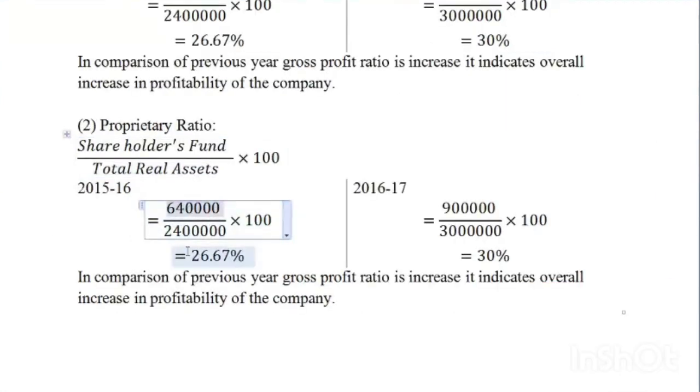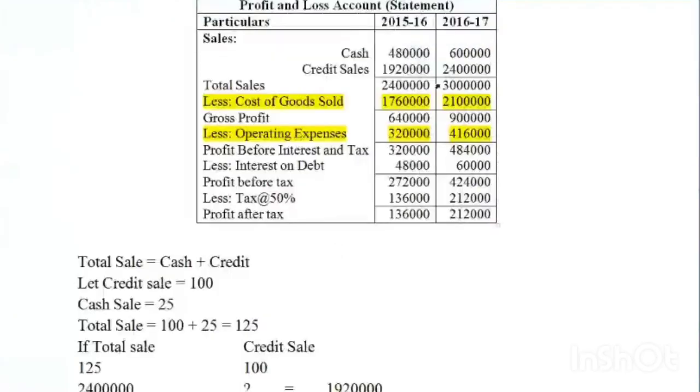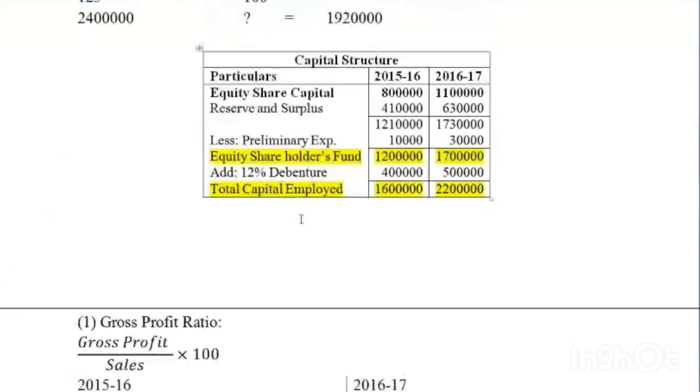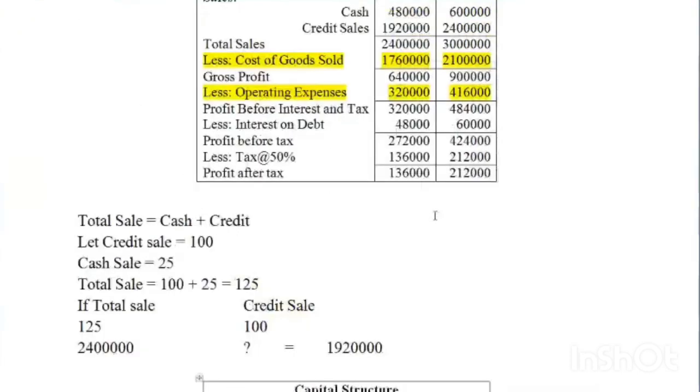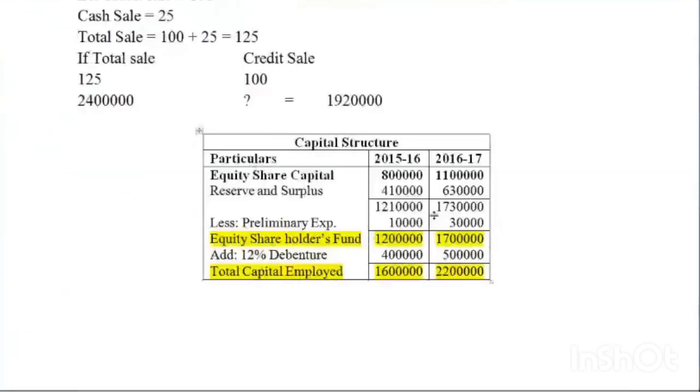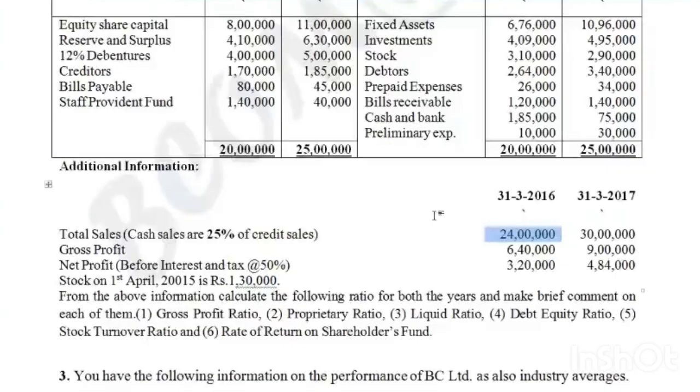So shareholders fund in the year 2015-16 is 12 lakh, and here it is 17 lakh. And in comparison, what we require is total real assets, and total real assets is this 20 lakh, the total assets including 10,000 preliminary.